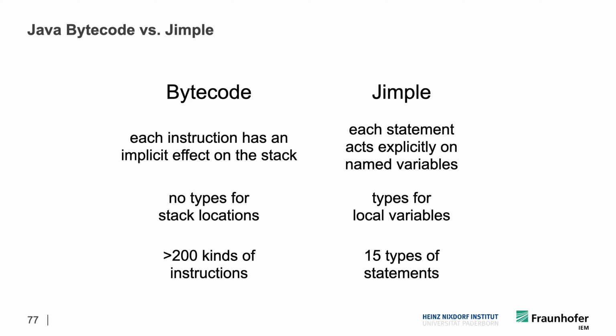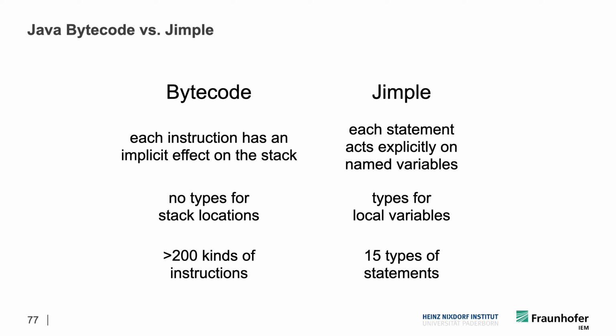And in Jimple, you have types for all local variables and also for all constants actually. In bytecode, you have more than 200 kinds of instructions, which makes the analysis more complicated. Whereas in Jimple, you actually only have 15 different kinds of statements. So that's really not a lot, right? 15 kinds of cases to distinguish in a static analysis, that's something we can do.